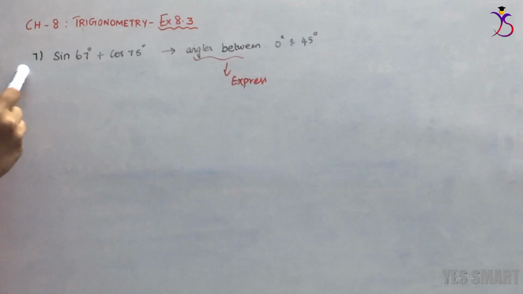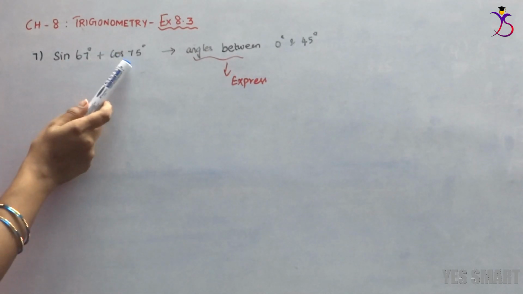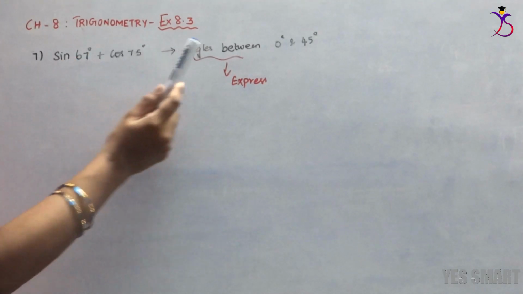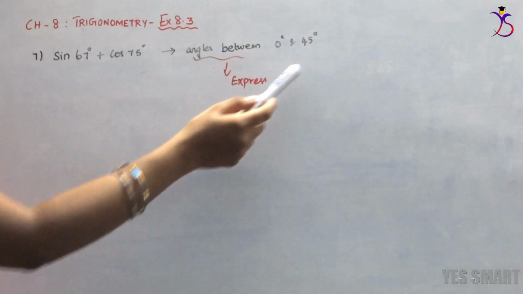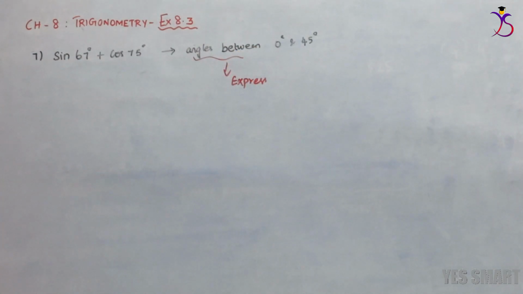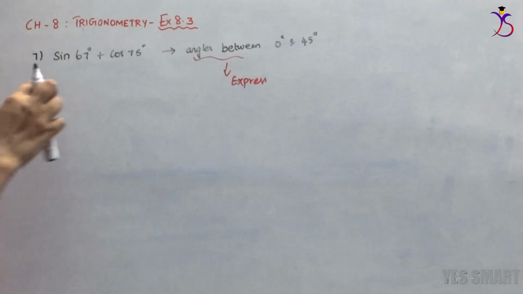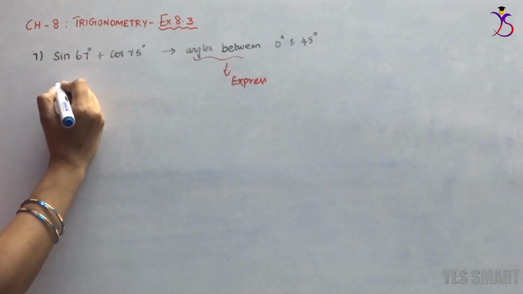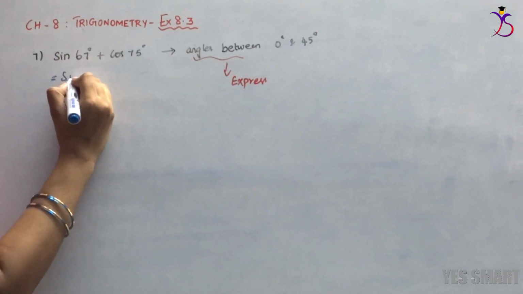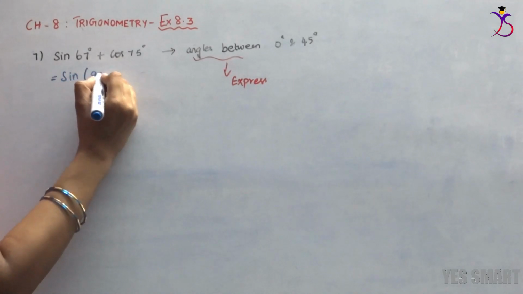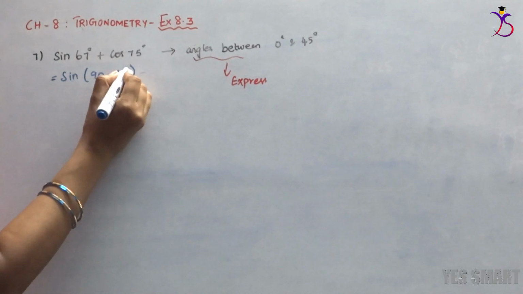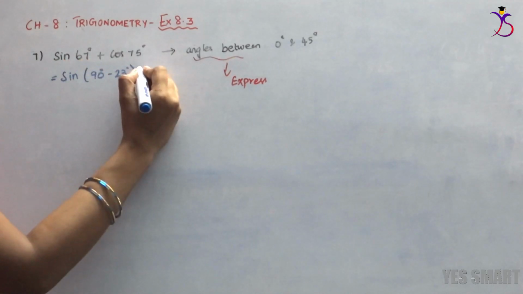Now the last sum of this exercise, sine 67 plus cos 75. We have to express this in terms of angles between 0 and 45 degrees. So as we already knew, we are just going to convert it to 90 minus theta format. So sine 67 becomes sine (90 minus 23), because 90 minus 23 gives us 67.